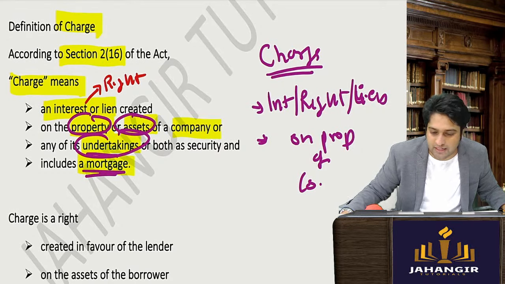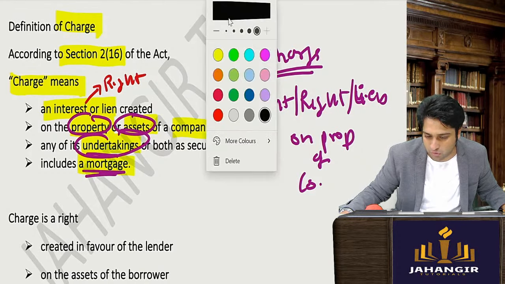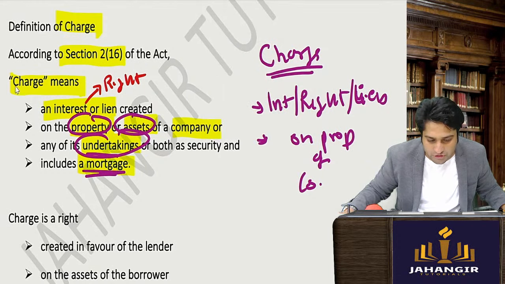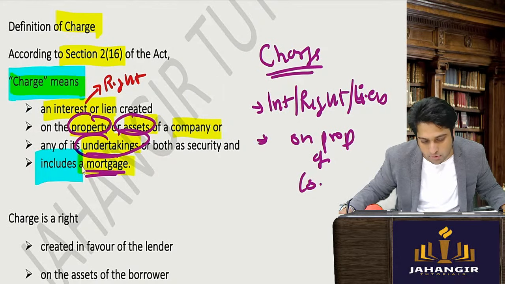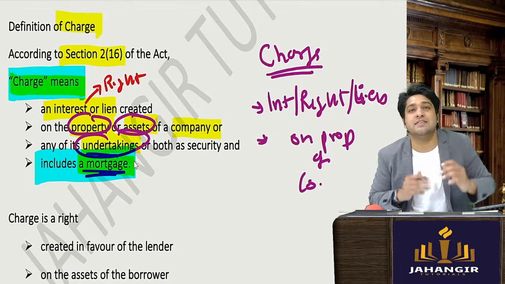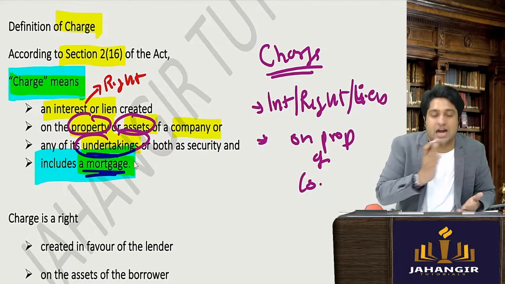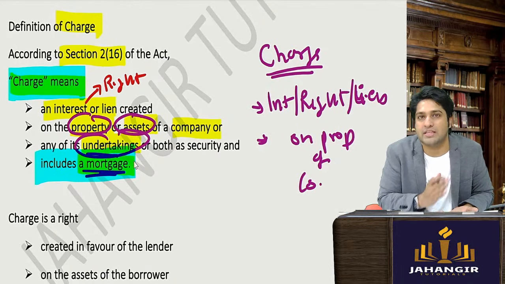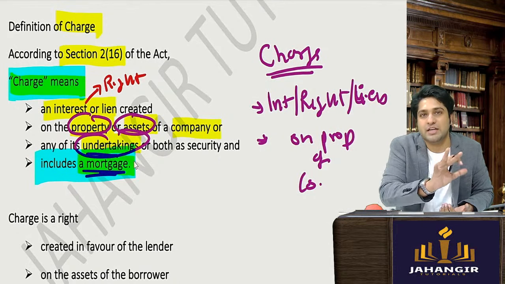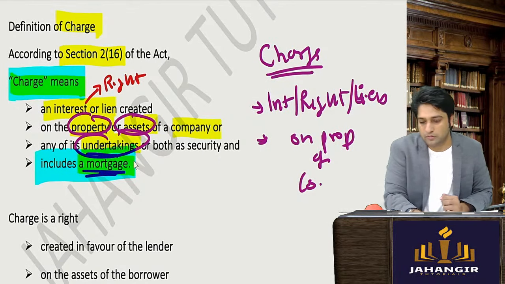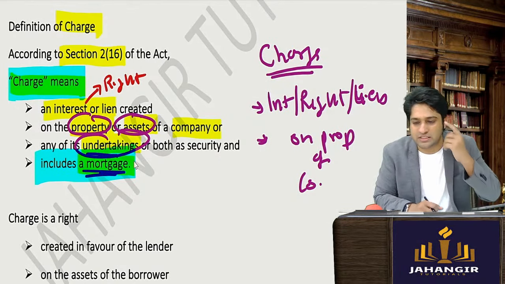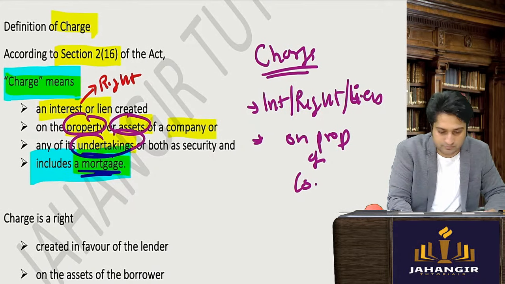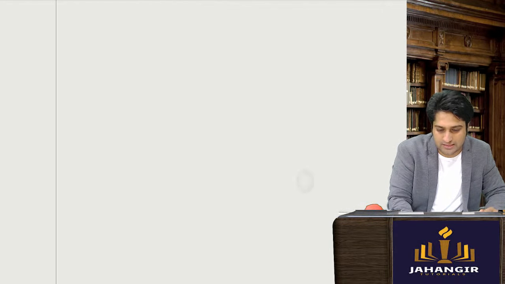Now, a very interesting point, I don't know whether you must have noticed this. Charge includes a mortgage. So which is a wider term? Is charge a wider term or is mortgage a wider term, and what is the difference? Can you all tell me which is a wider term? So let's understand.